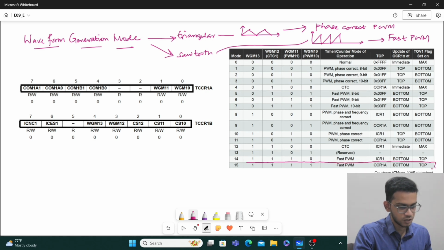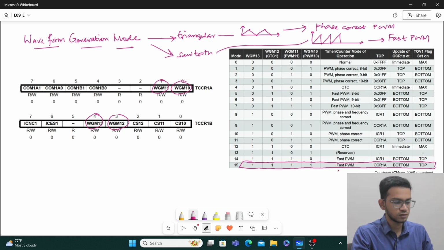What does the last configuration say? It tells you that if you write 1 in all these bits, then it functions this way. It will be in fast PWM mode, that is, it will produce a sawtooth for you. Point number 1, that's clear.